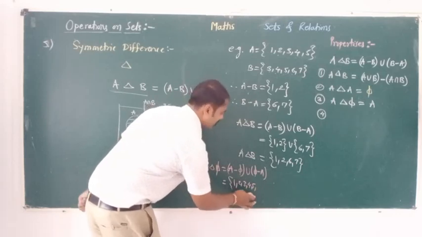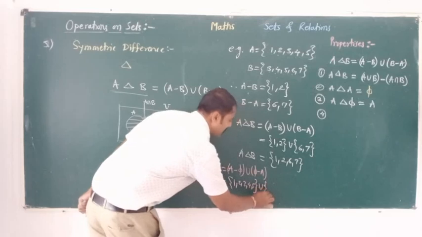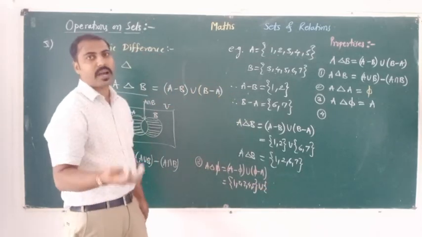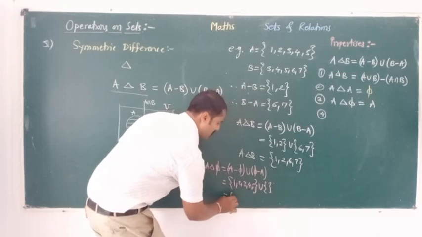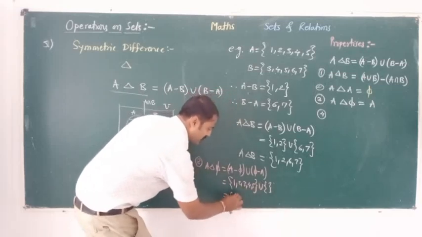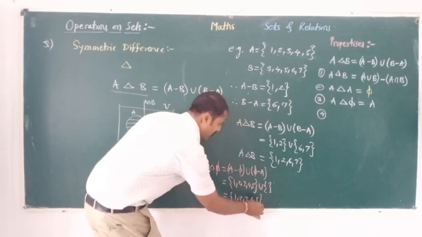Okay. And phi minus A, the elements in phi which are not in A, is again clearly empty. So the union of these two sets is 1, 2, 3, 4, 5. What is this?